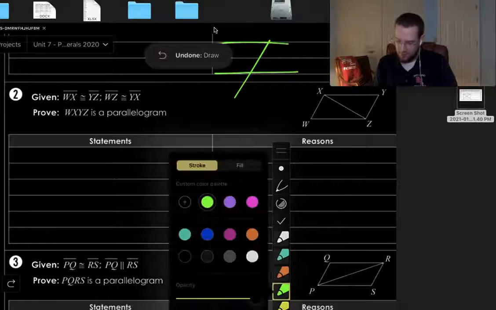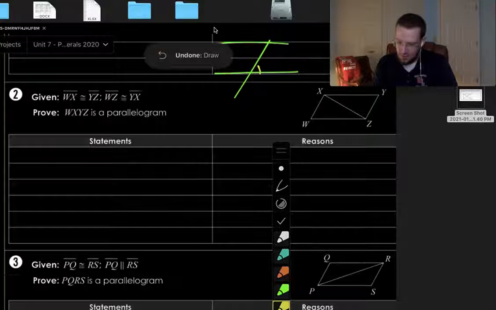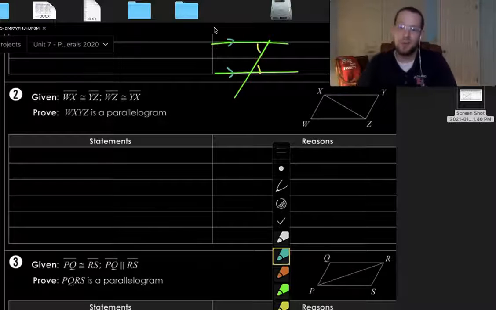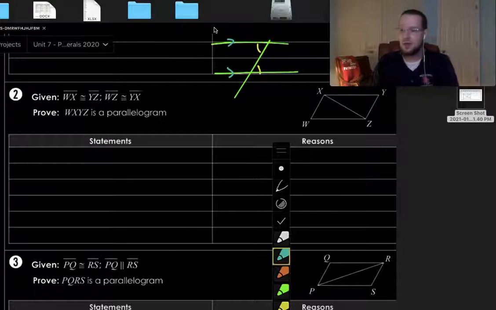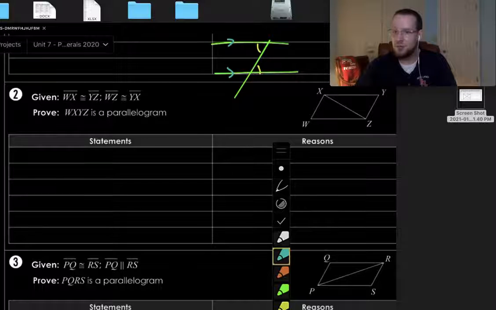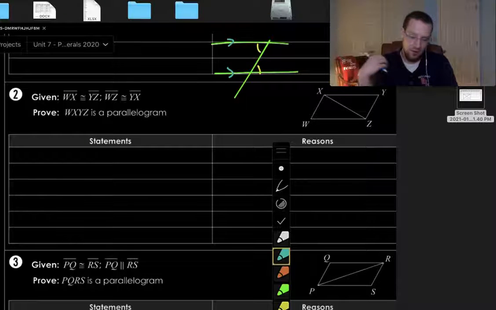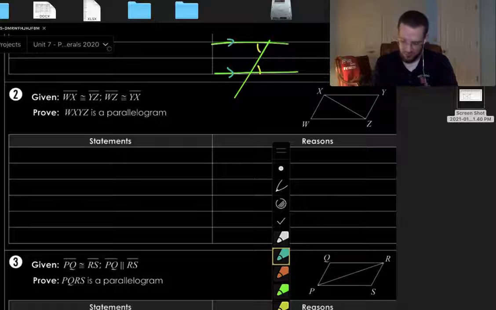However, it is possible to be told that these 2 angles are congruent and then conclude that the lines are parallel. And in fact, that's mostly what we see in this topic, is that oftentimes we use what's called the converse of the alternate angle theorem. So if the angles are congruent, then the lines are parallel. So let's just go through and look at this.